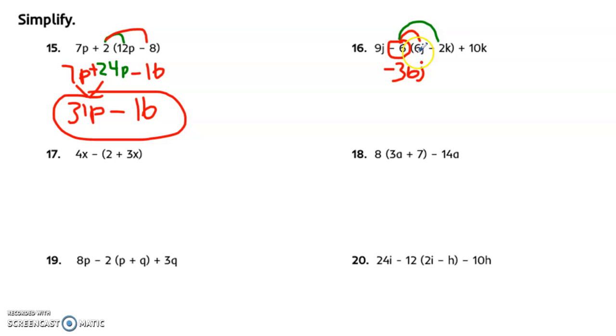Remember, negative times negative is positive. 6 times 2 is 12, and then we have k. Then we'll bring down the plus 10k, and we'll bring down the 9j. Alright, 9j minus 36j, we can combine those, and that's negative 27j. And then 12k plus 10k is 22k.